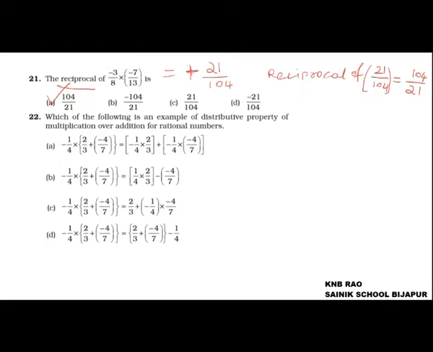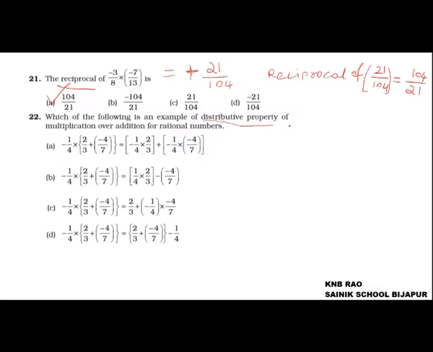So next, question number 22. Which of the following is an example of distributive property of multiplication over addition for rational numbers?